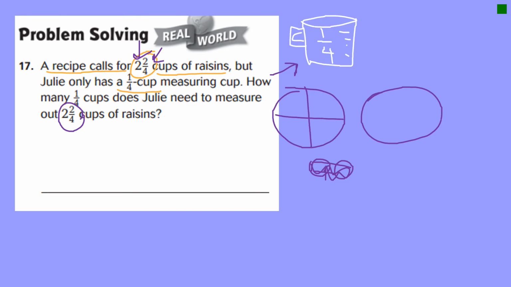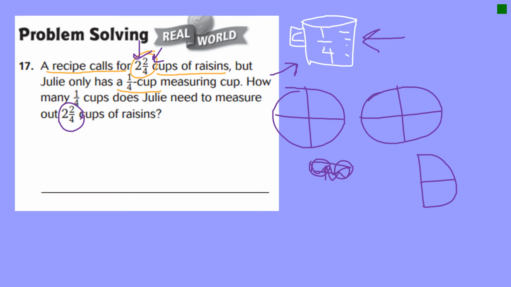Here's the 2 whole, and I'm separating them into 4 equal parts. So I just drew a picture of 2 2/4. Okay? So how many times is she going to have to fill 1/4 to get 2 2/4?